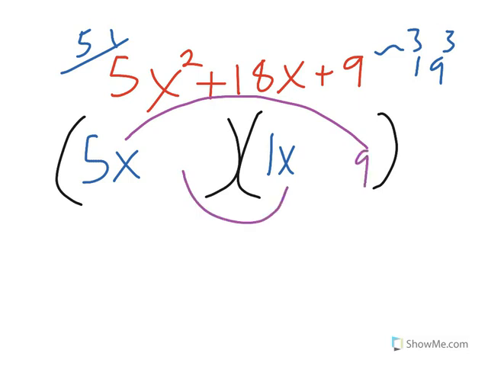If I put a 9 here, what happens to my problem? I'm going to multiply 5 times 9, and that's going to give me 45. And remember, that's way, way bigger than 18. So it's not going to be 9. I can try the other one. So if I do a 1 here and a 9 here, that's going to give me 5x and 9x. If I add those up together, it's only going to give me 14. So that's not going to work either.